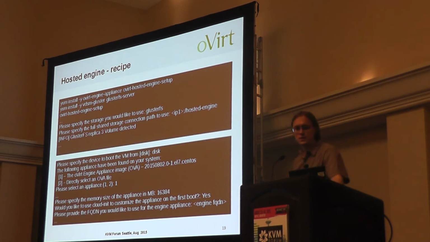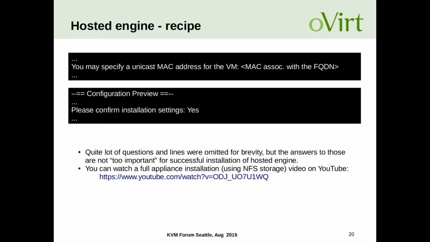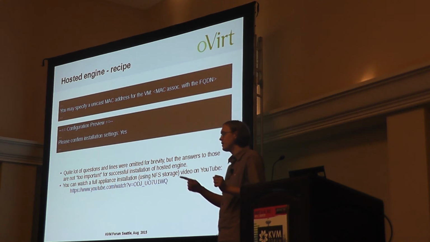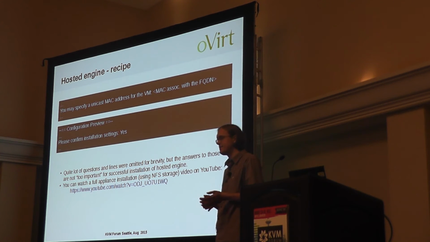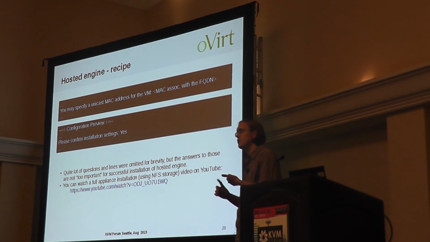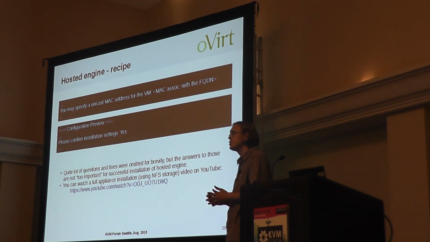In the past, this was the tricky part, because if your DHCP wasn't configured properly, if your IP wasn't configured properly, or if you used a different FQDN in this setup and in the oVirt engine setup running inside the VM, they couldn't talk to each other properly, and the install failed. Right now, you only give it one FQDN, and it automatically passes the same FQDN to inside the virtual machine.